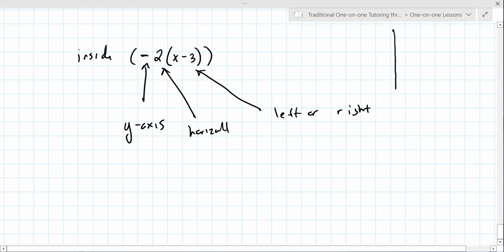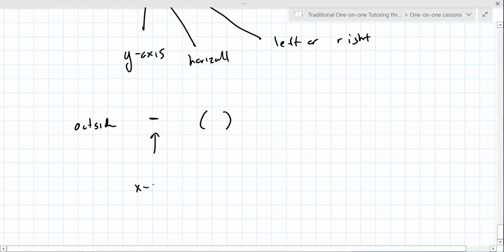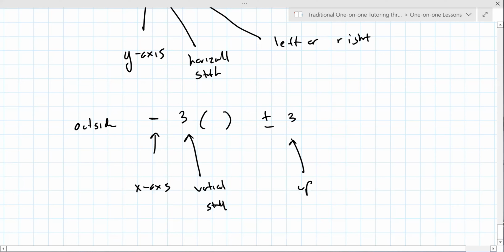Outside the parentheses is all the other way. If you put a negative here, that means it's the x-axis. If you put a number here, it's a vertical stretch. And if you add or subtract a number here on the right, that's up or down.